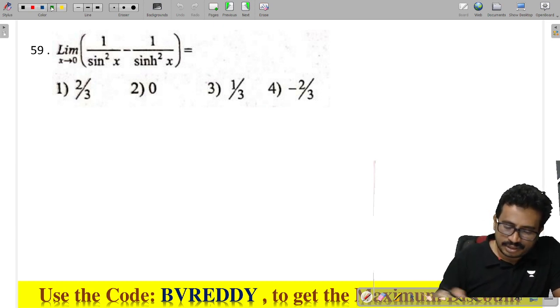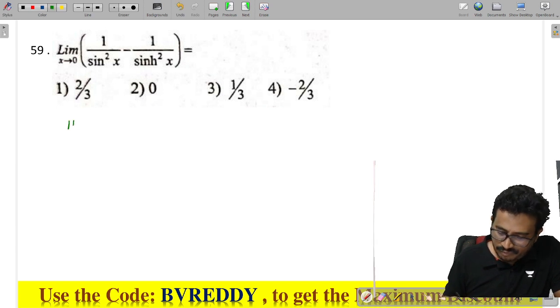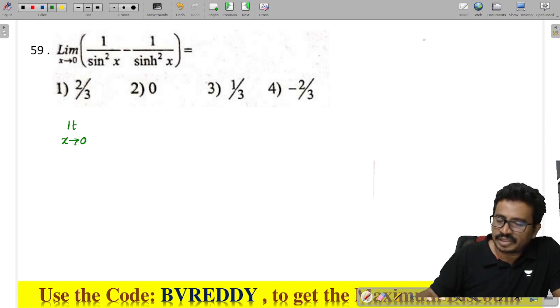Next one here: limit x tends to 0 of 1 by sine square x minus 1 by sinh square x. Now if I do the LCM and simplify, if I substitute directly, we'll get infinity minus infinity.